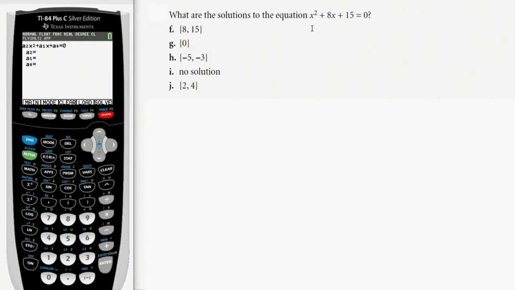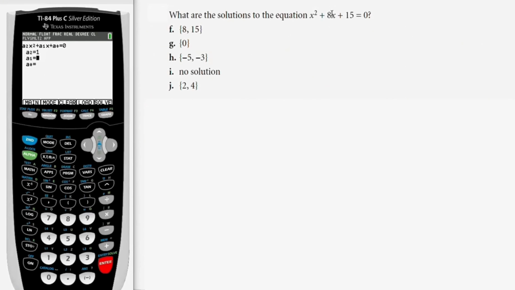So for the a value, which is a2 here, the coefficient of this s square will be the a value. This is the leading term. The coefficient of this leading term s square is 1. So you're going to put 1 here, enter.